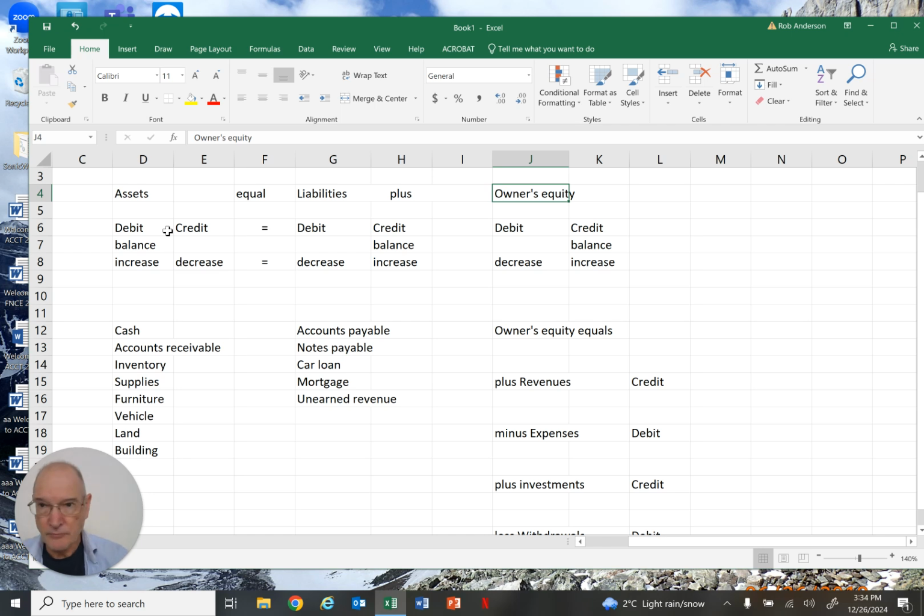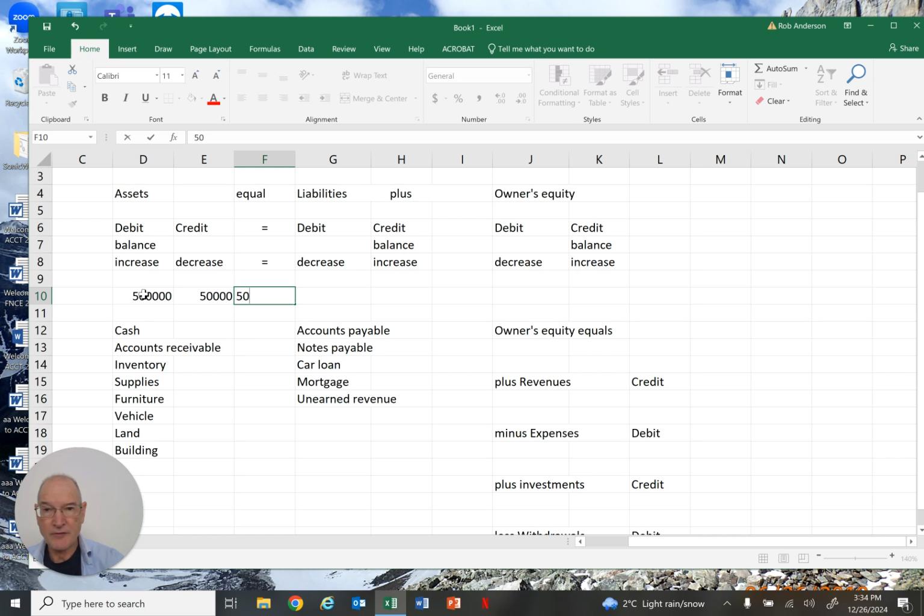So let's just take a really small example. Let's say that you have a house and a car and some money. So you have a house worth $500,000 and you have a car worth $50,000 and you have $50,000 in the bank.